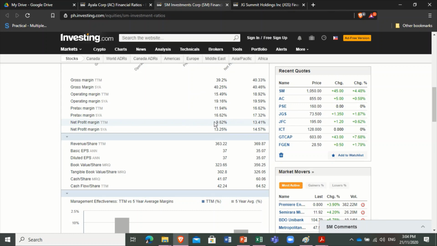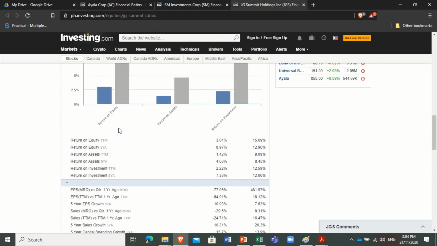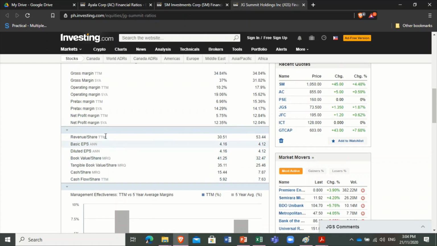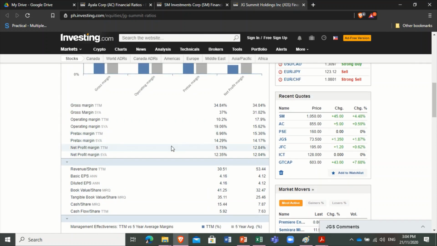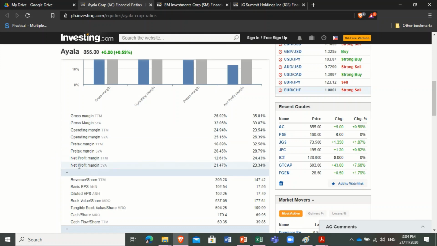Net profit margin niya is 9.62 SM. JG Summit is net profit margin 5.75. So, pinakamataas pa rin si Ayala.